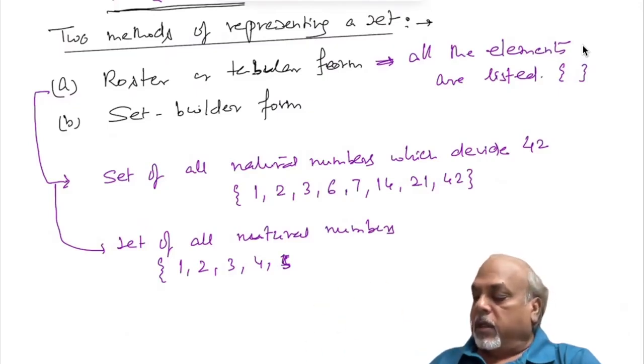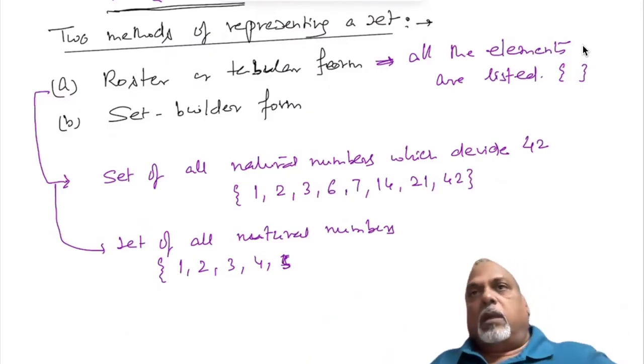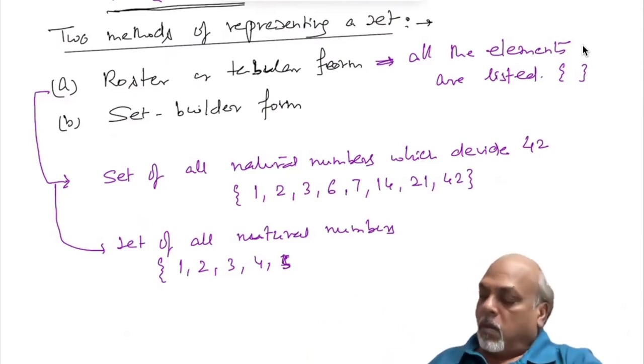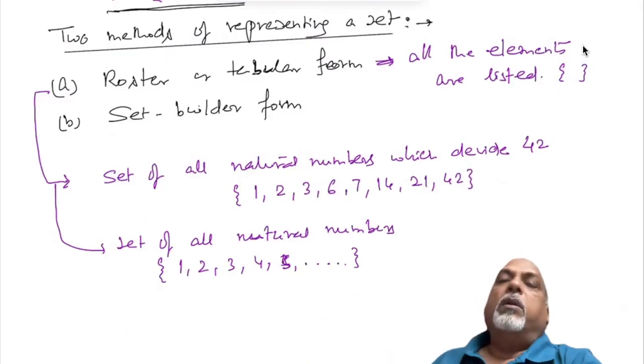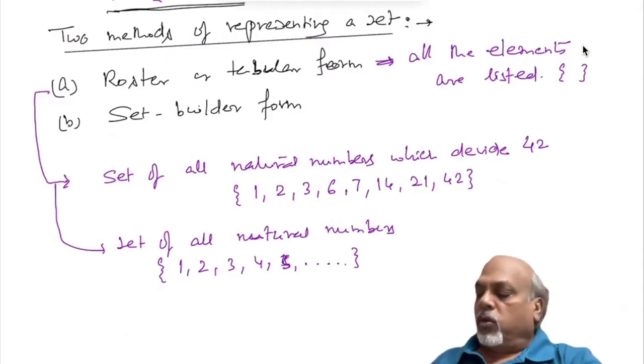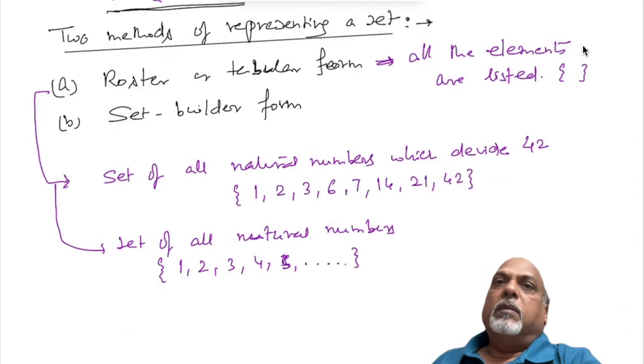Then how do we write? It is written with dots, and then the bracket is closed, because this will go on indefinitely. So it is not always practical to write all the sets in the roster form. Correct?